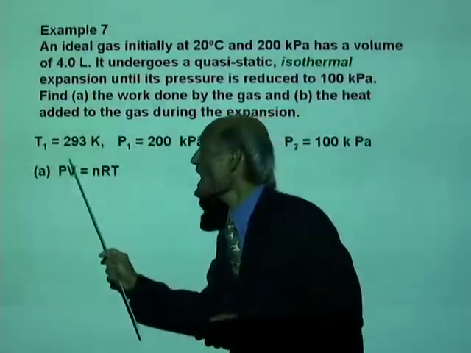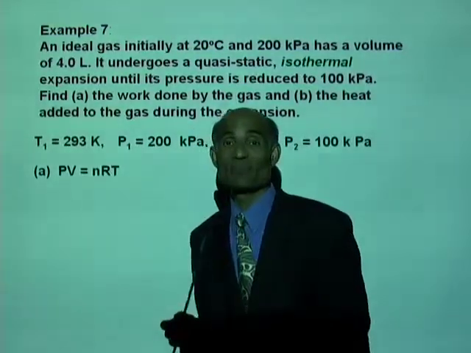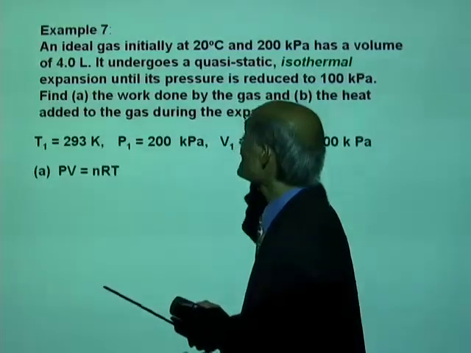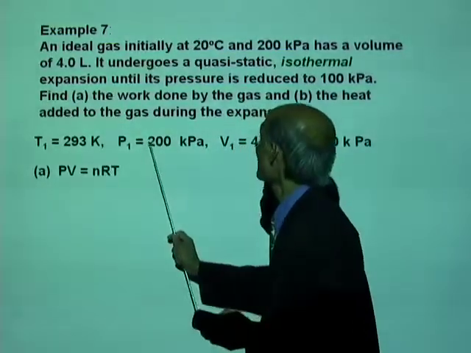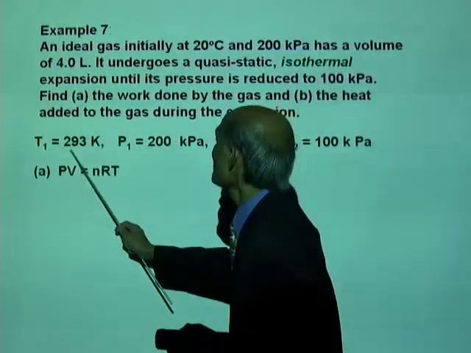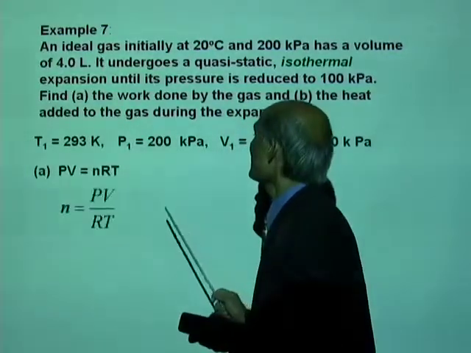Now, you can see how useful our ideal gas equation is. We got PV equal to nRT. So, if you look at stage 1, we got T1, we got P1, we've got V1.